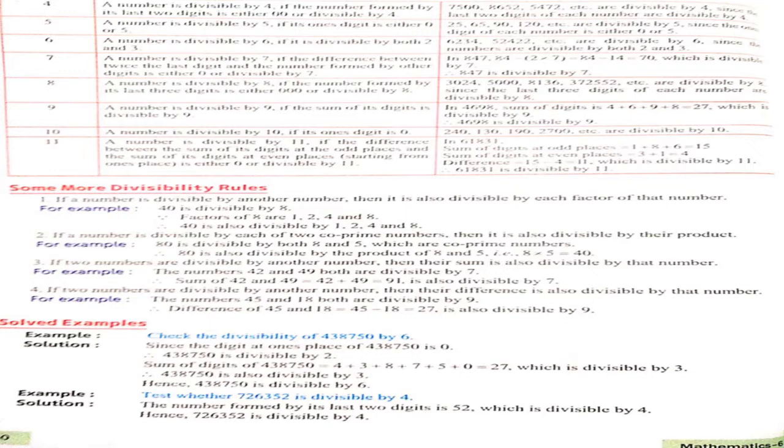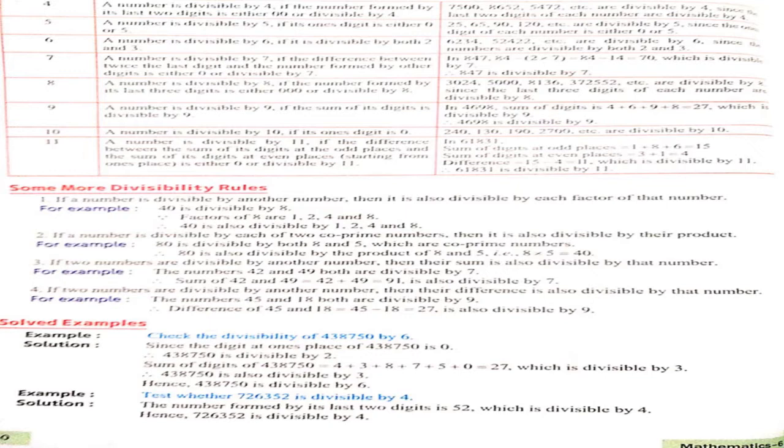Now the second point: if a number is divisible by each of two co-prime numbers, then it is also divisible by their product. For example, 80 is divisible by both 8 and 5, which are co-prime numbers. Therefore 80 is also divisible by the product of 8 and 5, which means 40.